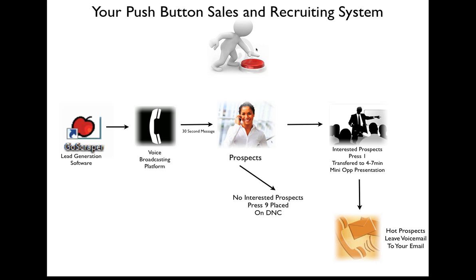Prospects who are interested will press 1. They will be transferred directly to your 4 to 7 minute mini opportunity presentation, and at the end of that, they can leave you a voicemail with their contact information. That voicemail will be delivered to you by email. So that's basically a visual on how the system works and how all the components fit together.